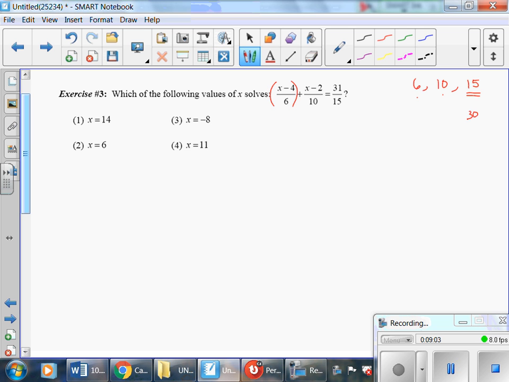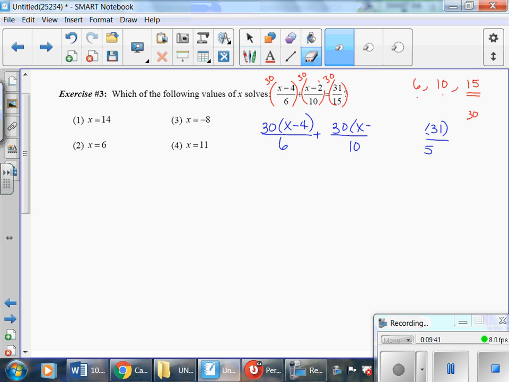So what that means is I'm going to take each one of these and multiply them by 30, because we're looking for the values of x that solve this. So again, if we're going to write out that first step, which we don't necessarily need to, 30 times (x minus 4) over 6, plus 30 times (x minus 2) over 10, equals 30 times 31 over 15.